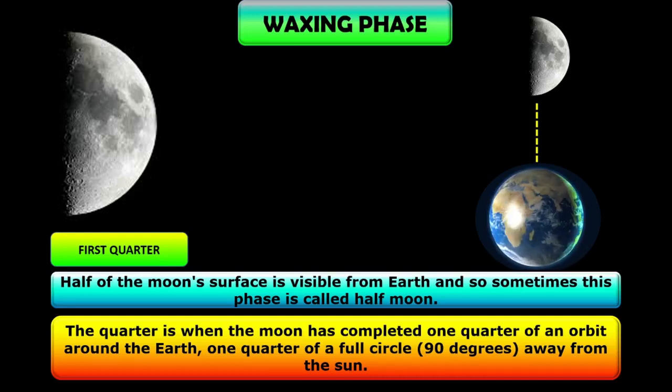The quarter is when the moon has completed 1/4 of an orbit around the earth, 1/4 of a full circle, that is 90 degrees away from the sun.